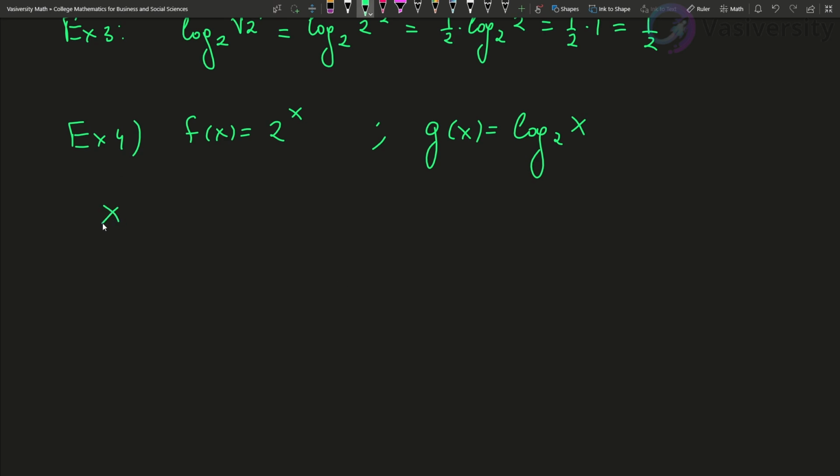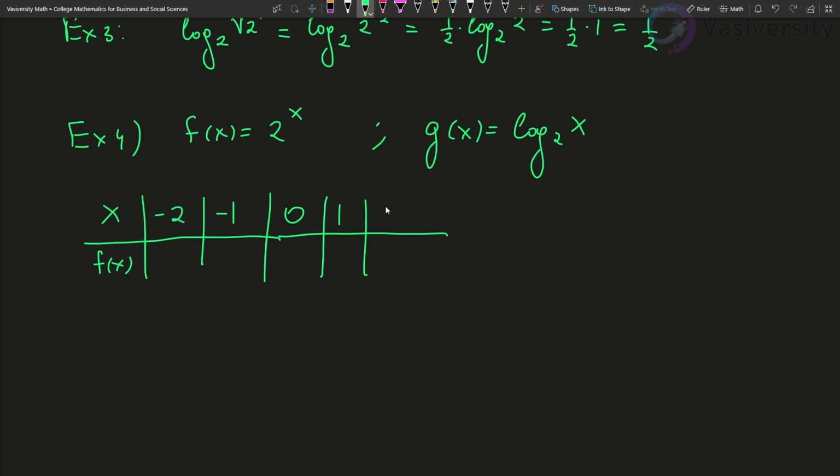So we have x and f of x, right? The reason why is because logarithm is a little bit difficult to compute, and sometimes logarithms are not the nicest, but we know in the last lesson we already computed this function once, so you can review the exponential functions in the previous lesson, but let's go ahead and do this one.